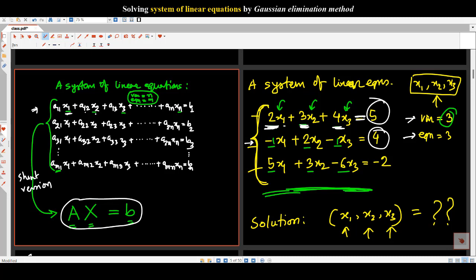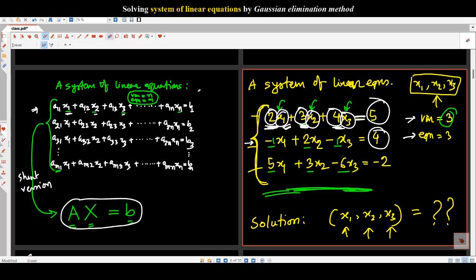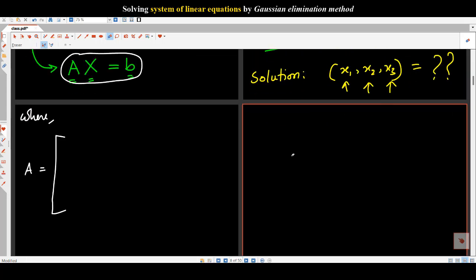The variables are x1, x2, x3, xn, and with these variables there are some constants. Think about this example with variables x1, x2, x3. The constants are 2, 3, 4. If we think about these constants or coefficients, then we can think about a matrix. That matrix is A.